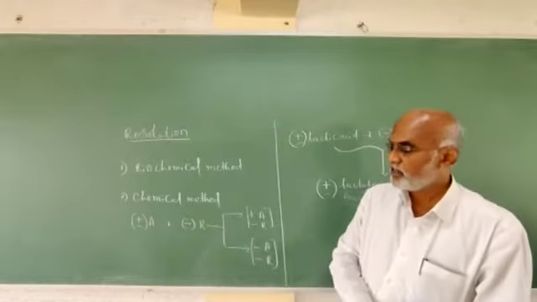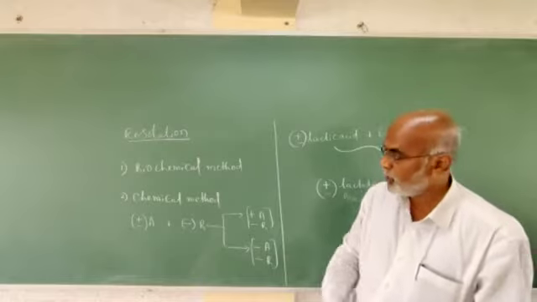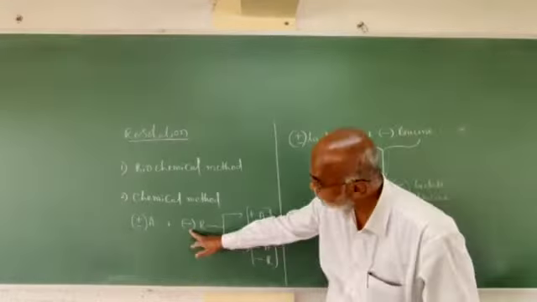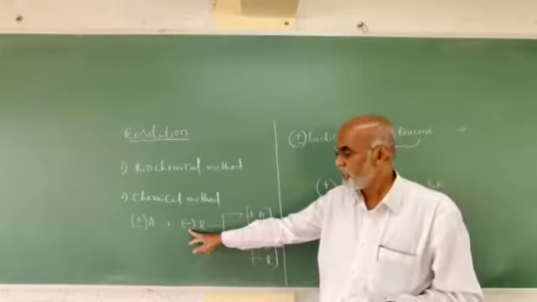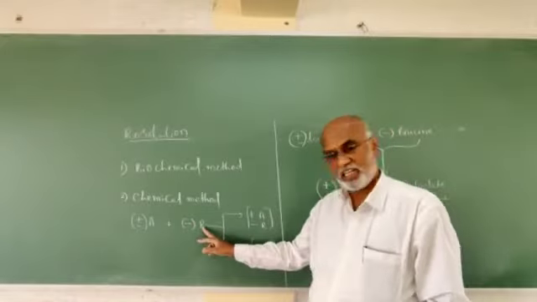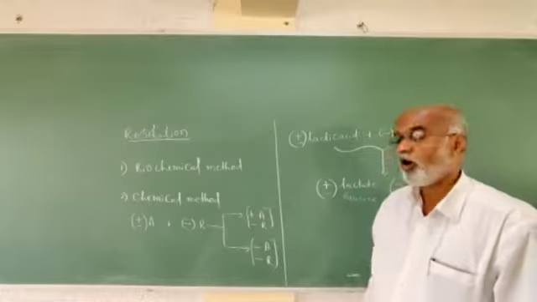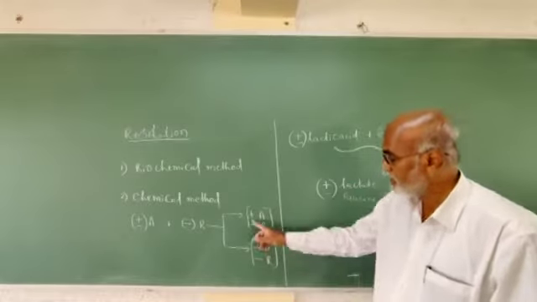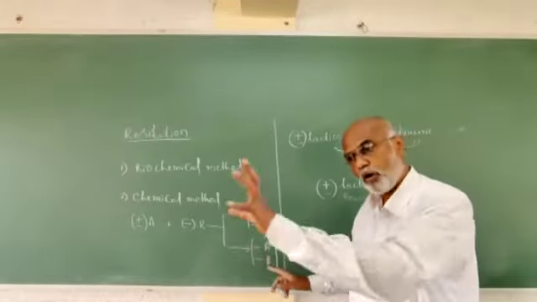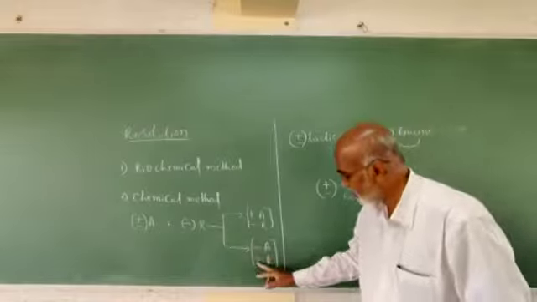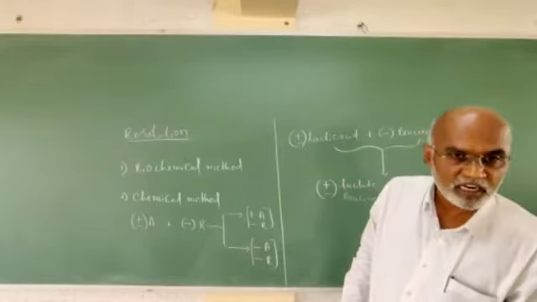To that racemic mixture, we add a reagent which is also optically active, say levo. This reagent, which is levo, combines with both plus and minus isomers of the racemic mixture, giving plus A and minus R as one compound, and minus A and minus R as the other compound.